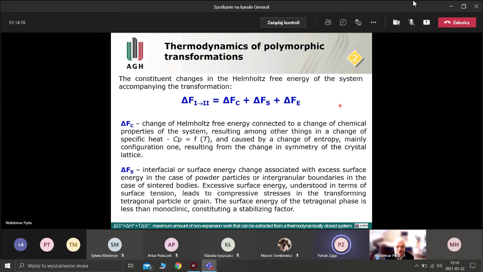Very simple question. For sure, the grain boundaries. Interfaces. Yes, boundaries between different phases. Maybe we're talking still about the powder, or about the material after sintering. Yes, free surface.